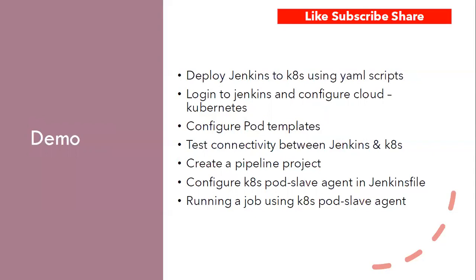Once we are done with the configuration part, we will create a pipeline project. Okay. And in the Jenkinsfile, we have configured a Kubernetes pod slave agent. So our job will be running using Kubernetes pod slave. Okay. So without much ado, let's start our practical, that is the demo.